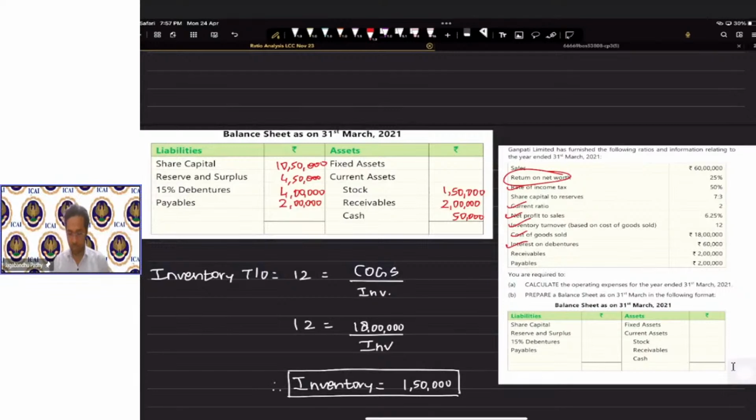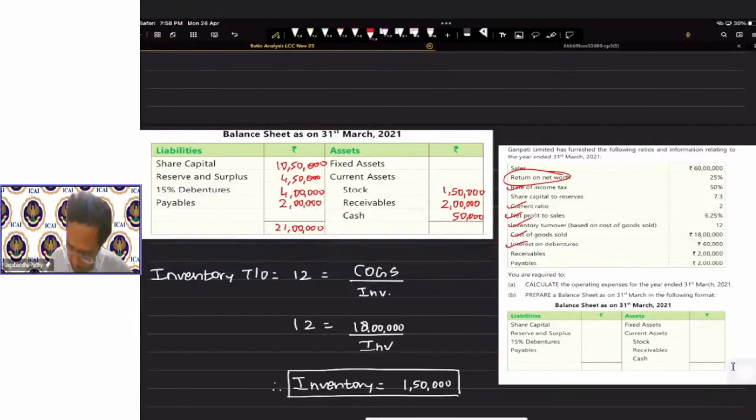Okay, so now the only thing balance left out is fixed assets, so that we can compute it as a balancing figure. You can simply take a total over here, 10 lakh 50 plus 4 lakh 50, 15, 15 plus this 6 of 21 lakh. Now from that 21 lakh, you need to subtract 1 lakh 50,000, minus 2 lakh, minus 15,000.